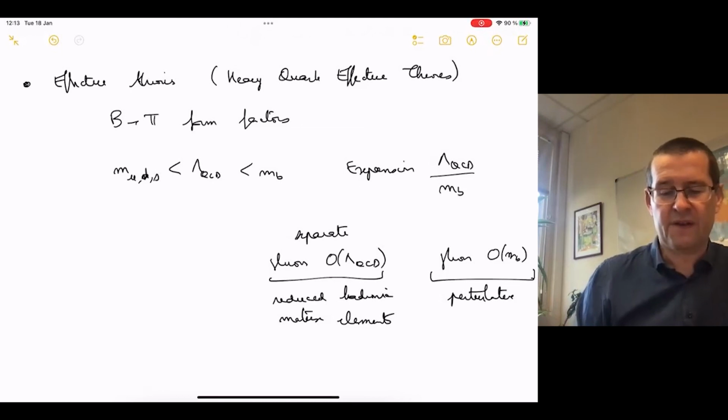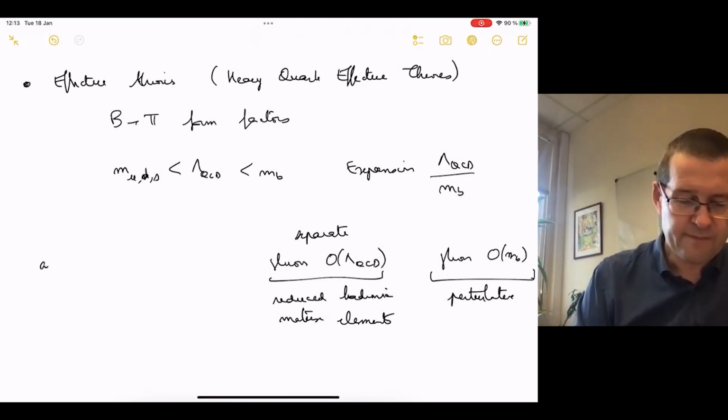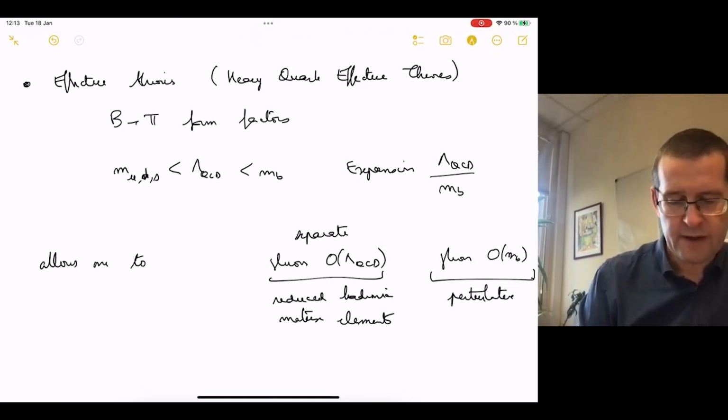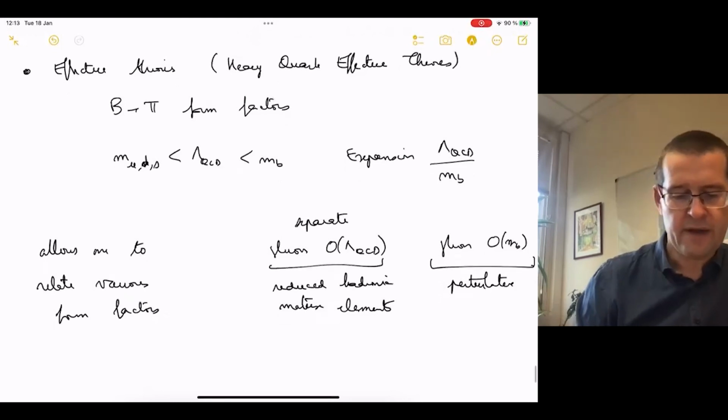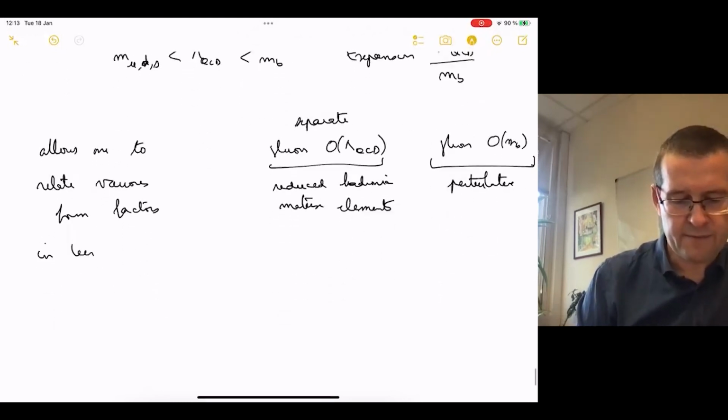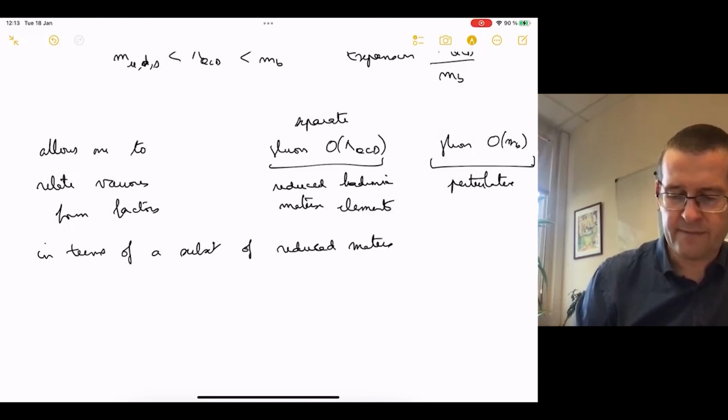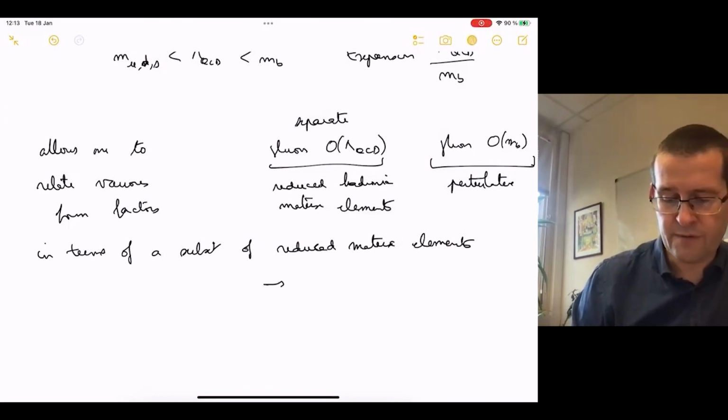And actually, this allows us to relate various form factors in terms of a subset of reduced matrix elements that will correspond to reduced soft form factors.